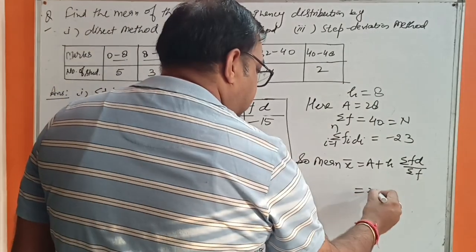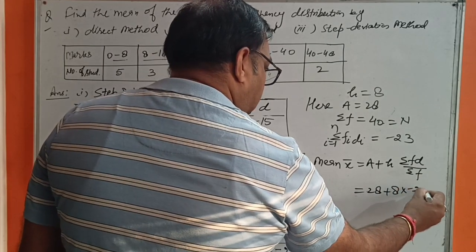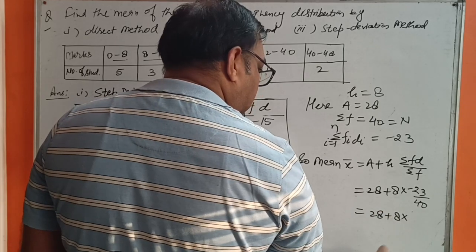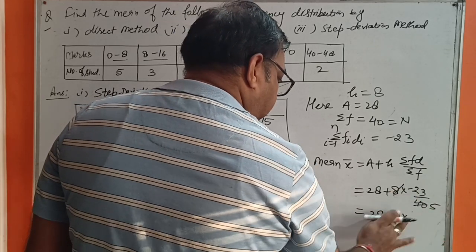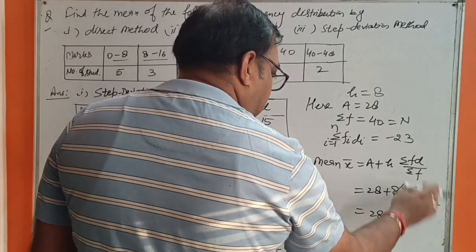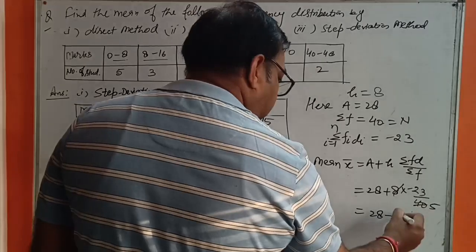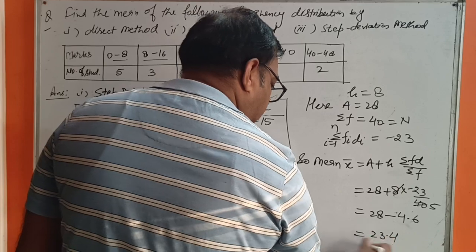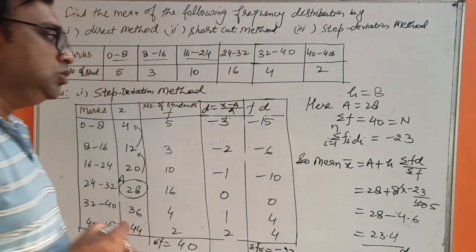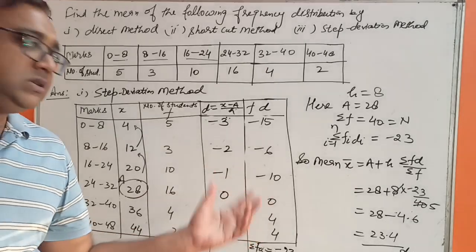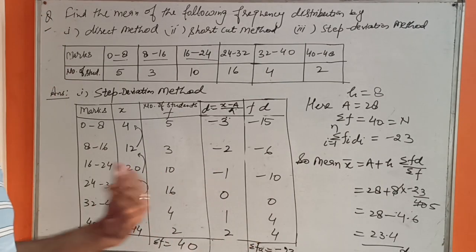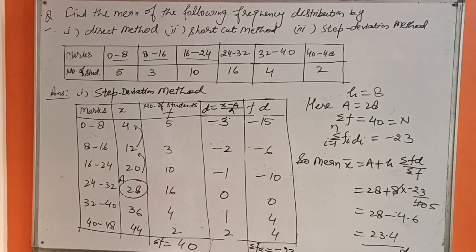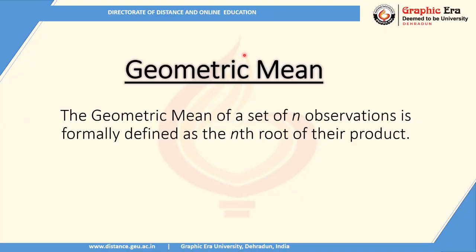So 28 plus 8 into minus 23 upon 40, or 28 plus 8 into minus 23 divided by 40. 8 5s are 40, so when we divide this by 5, it is minus 4.6, so it will also equal 23.4. So the solution from each method is the same. You can opt for either method to get the mean for the grouped data. Hope you understand the entire phenomenon.